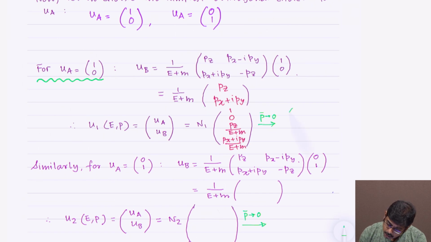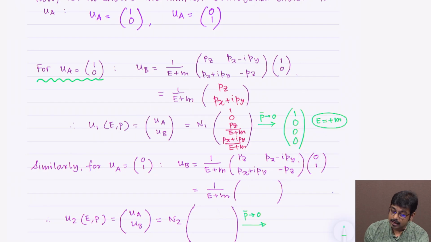It is pretty obvious that this solution is going to be 1 0 0 0, right. So, this is one solution, the one that we obtained, which gives you the solution of E is equal to plus m in the rest frame, right.